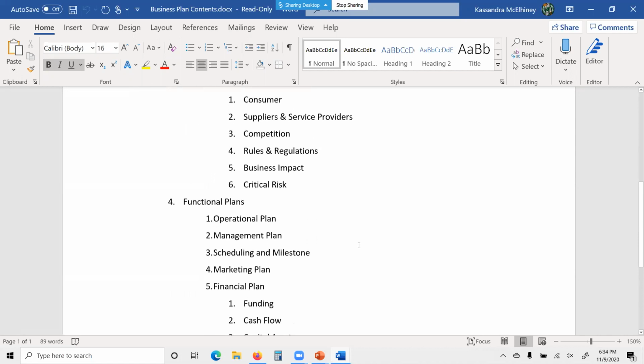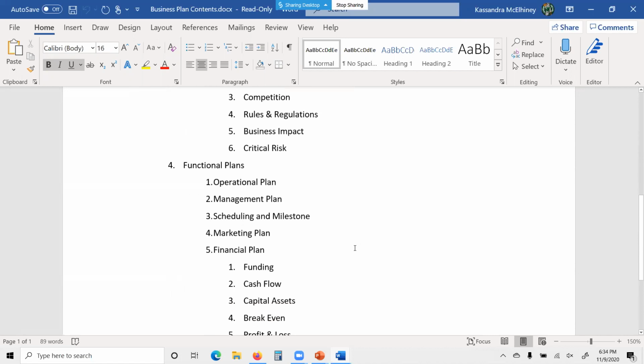And then there are also some functional plans that are presented. That's basically where this plan differs from that startup plan. You see more information given in this area.